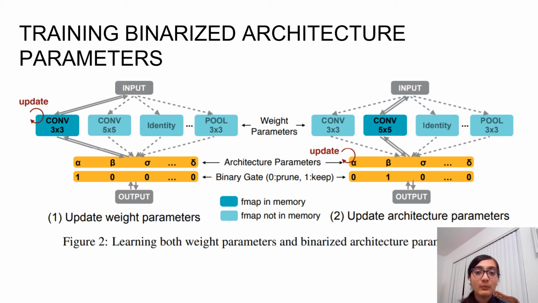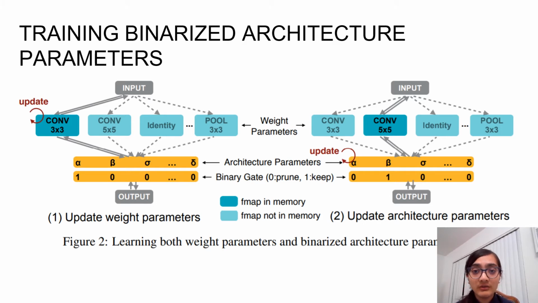These two update steps are usually performed in an alternating manner. So once the training of the architecture parameter is completed, we can derive the compact architecture by pruning the redundant paths. So you would prune the binary gate output which is 0, and you keep the binary gate output which is 1.